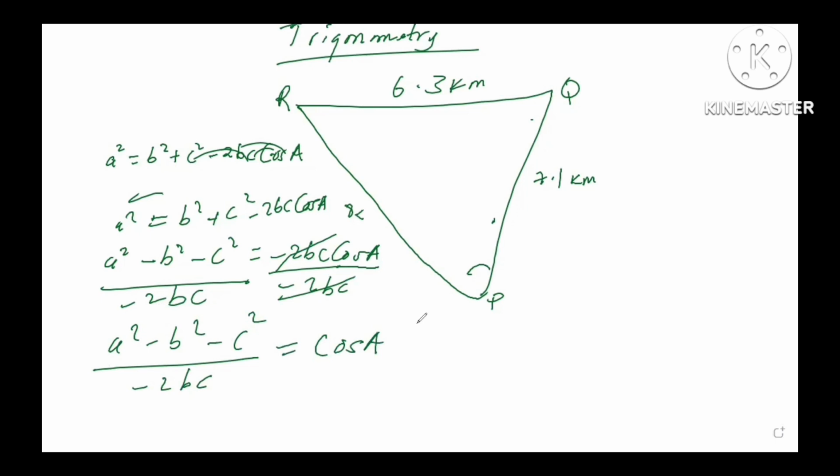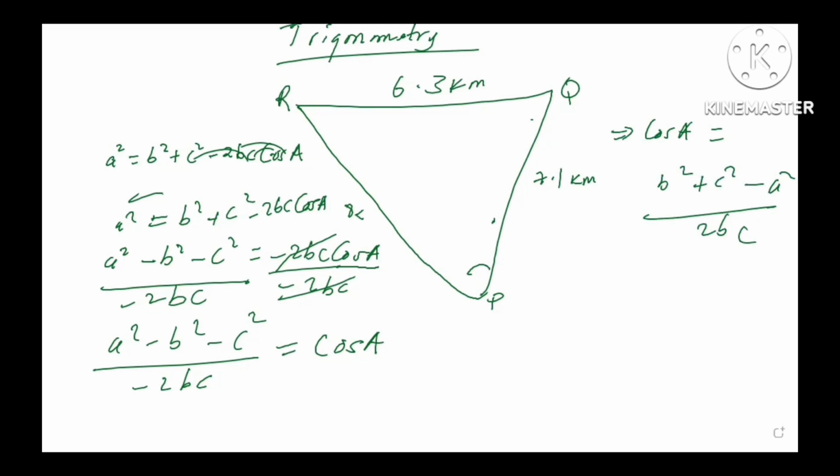Yes. So this is the formula that you're going to use to find the angle, if this triangle is ABC. If you want, you can divide through by this negative here. When you divide through by this negative, you find that cos A is equal to B squared plus C squared minus A squared over 2BC, right?